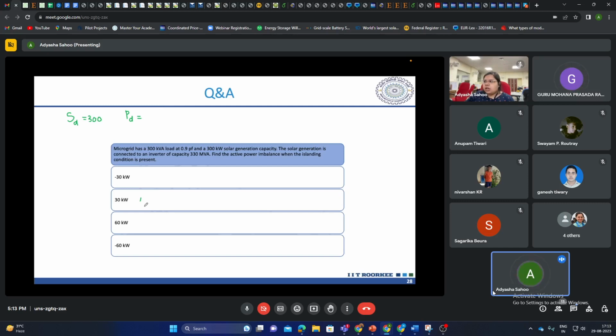Okay, I will just ask you to remind whether the mismatch is PD minus PG or PG minus PD. Is it PG minus PD, I think? No, sir, it is PD minus PG. You must all be remembering this power triangle.